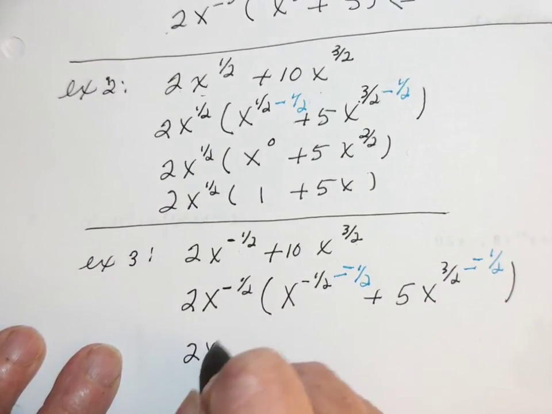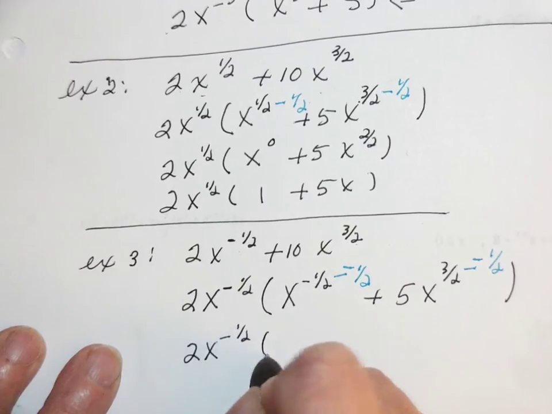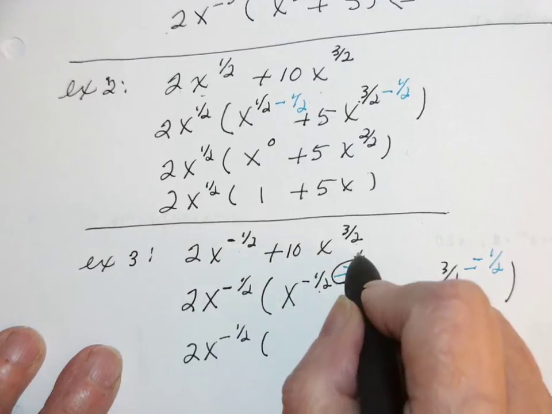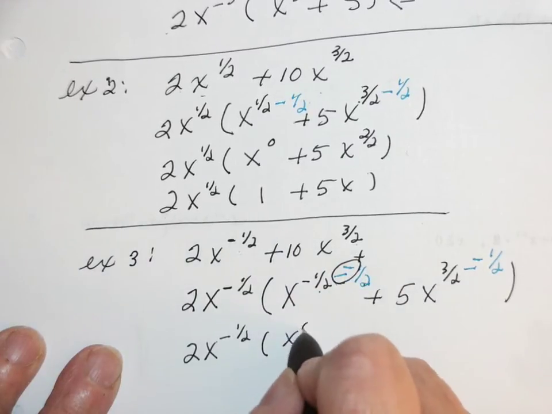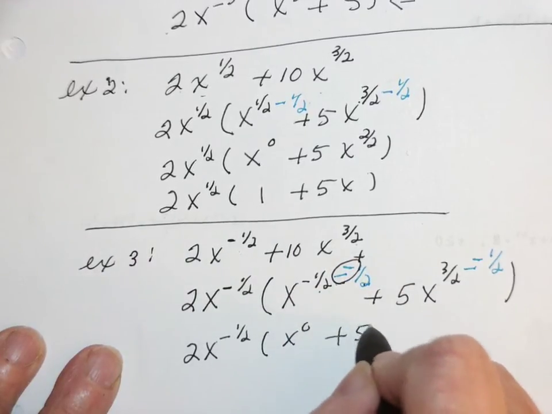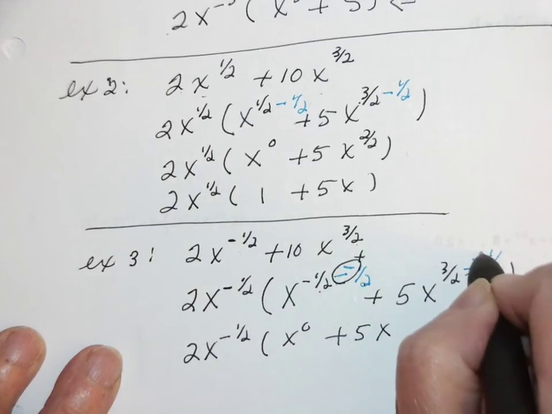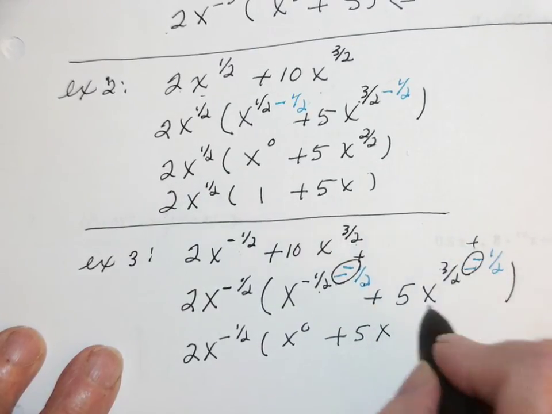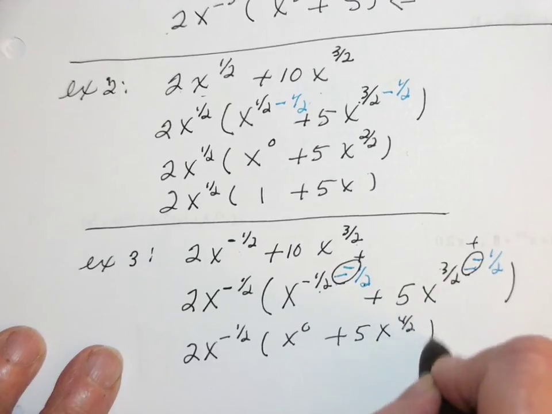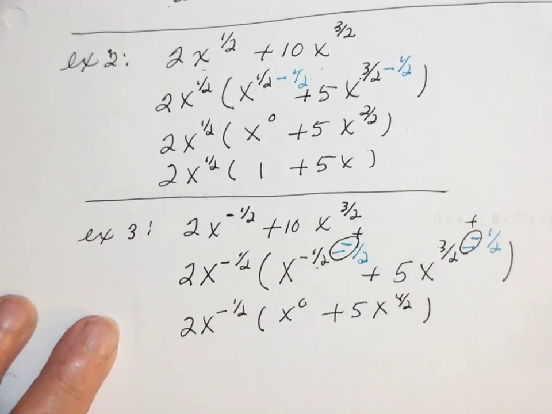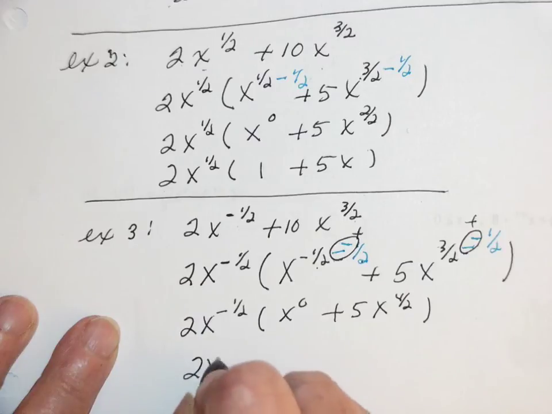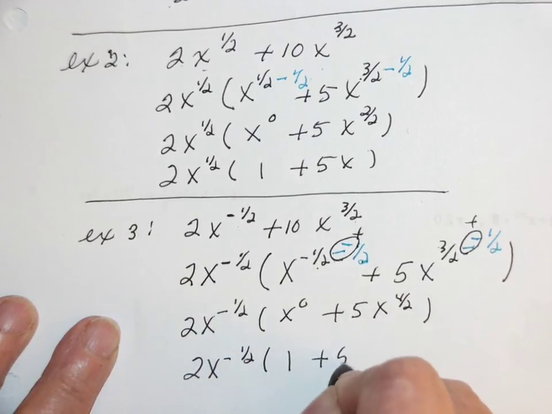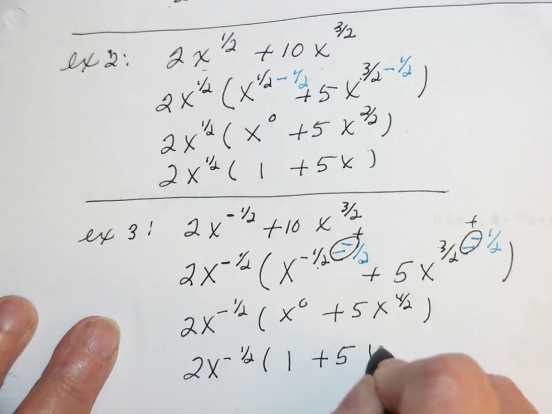So 2x to the negative 1/2 times minus and minus is a plus, minus 1/2 plus 1/2, that's x to the 0, plus 5x to the 3/2 plus 1/2 is 4/2. So I'm going to end up with 2x to the negative 1/2, 1 plus 5x squared.